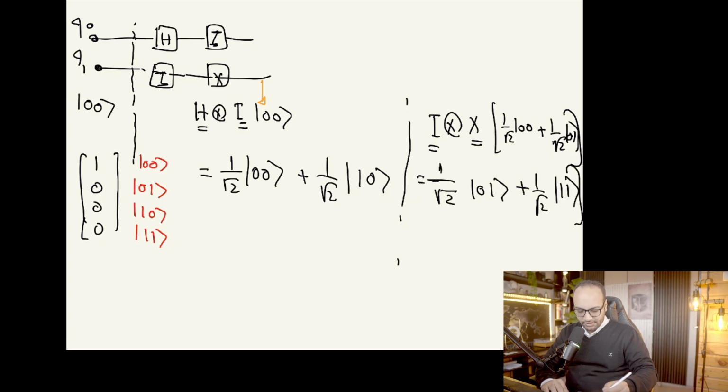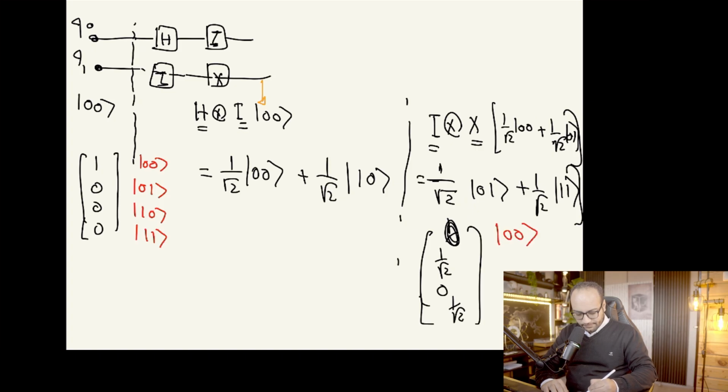Okay, so what happens if we measure? Our Hilbert space now has two situations. We have 0, 1 over root 2, 0, and 1 over root 2, corresponding to 0,0, 0,1, 1,0, 1,1. So what will happen here?